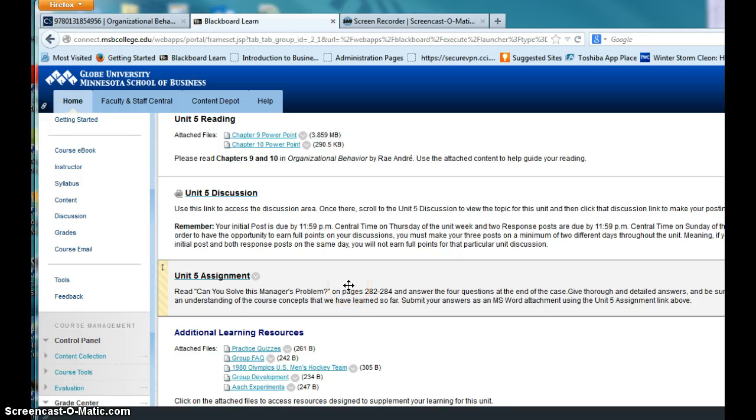Then the assignment for this week, you're going to read the case that's on page 282, and it's pretty long. It's from page 282 to 284. So this is the only assignment you have for this week because this case covers both chapters 9 and 10. So you'll use content and information, terminology and concepts from chapters 9 and 10 to answer the questions related to this case.